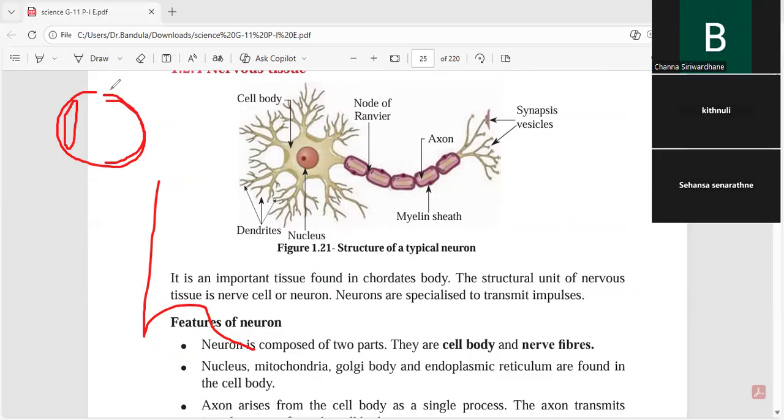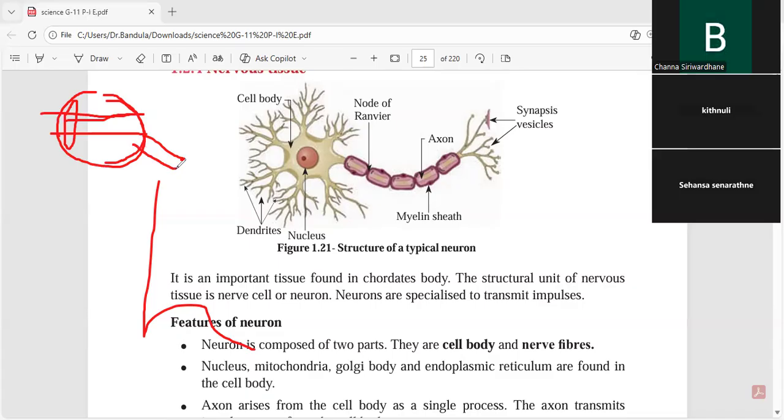Retina. Right. It is the retina. Now there is a main nerve here.